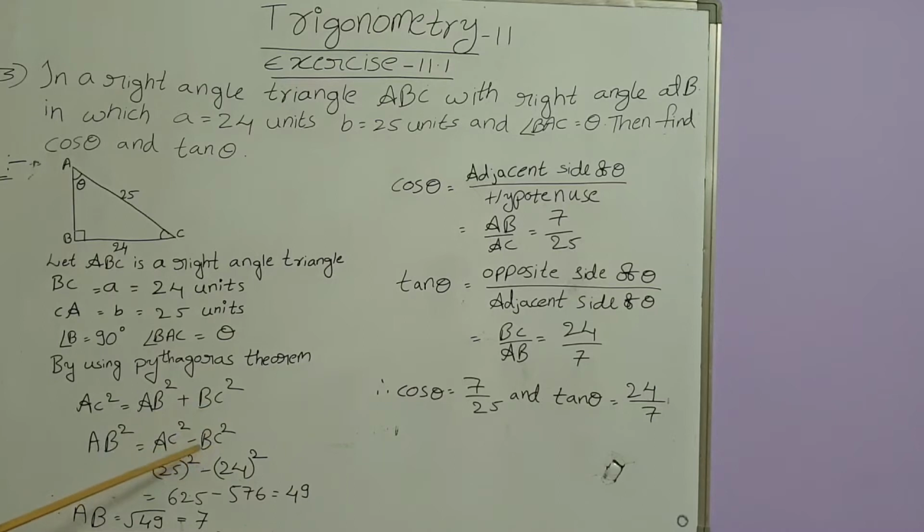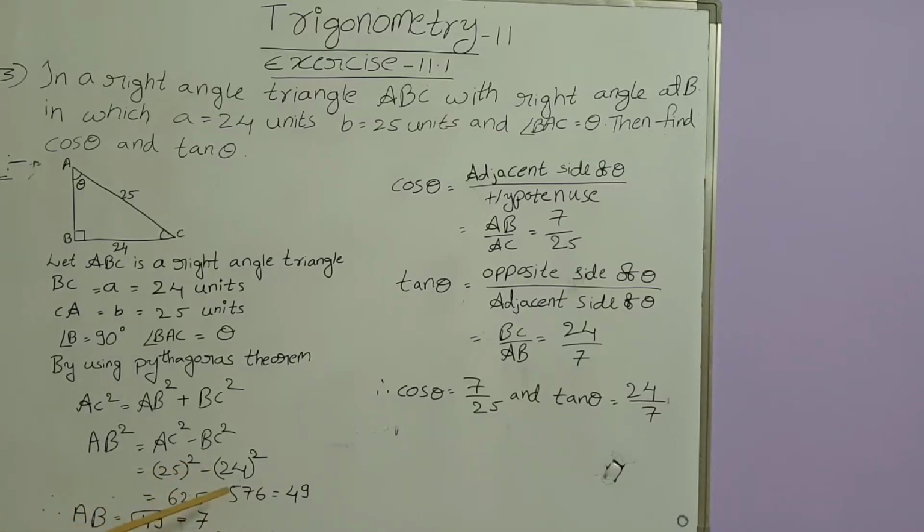What is the AC square value? AC is 25 whole square minus BC is 24 whole square. 25 whole square value is 625 minus 24 whole square value is 576.